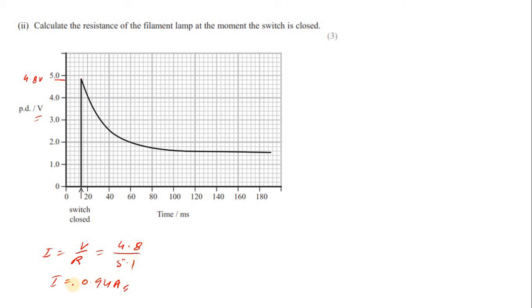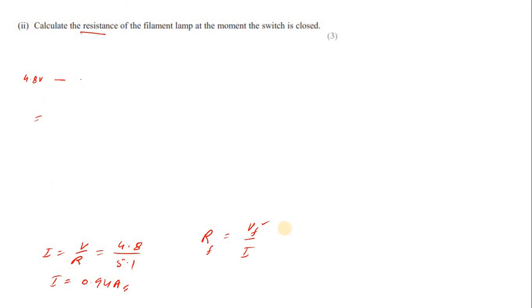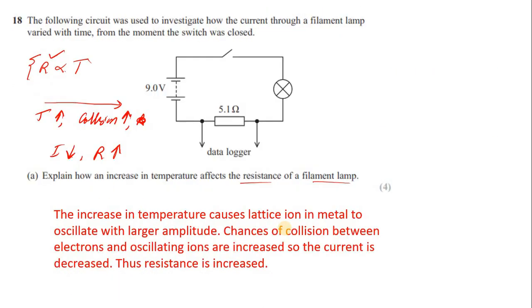So now we need to find the resistance of the filament. So the resistance of the filament RF would be equal to the voltage of the filament divided by the current, because if you see the circuit, the current will be the same, 0.94 ampere. The only thing is we need to figure out VF. And if you see the circuit diagram, they are in series, so the current is the same, but the voltage will be divided.